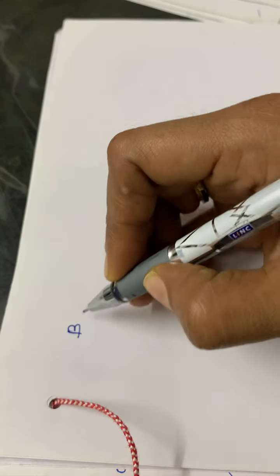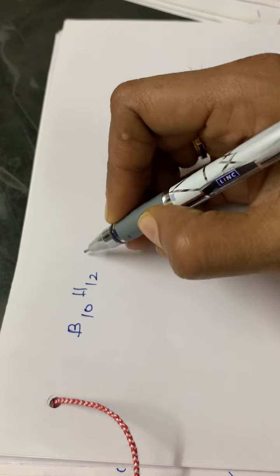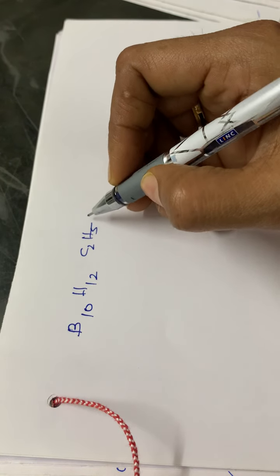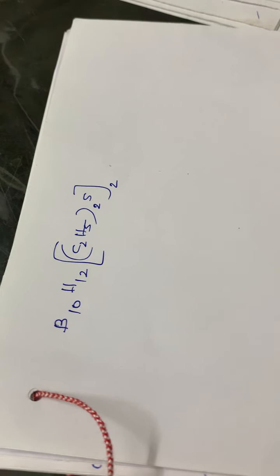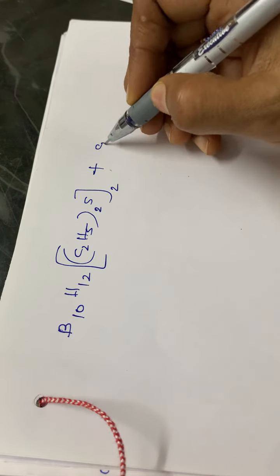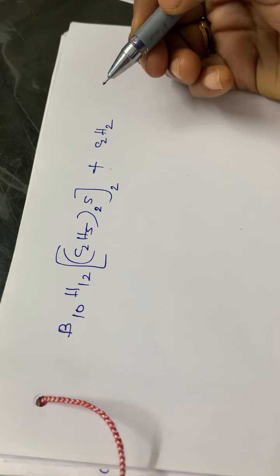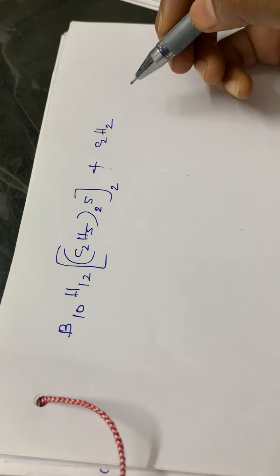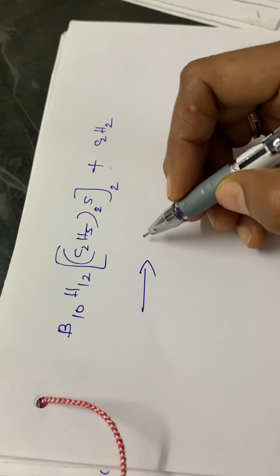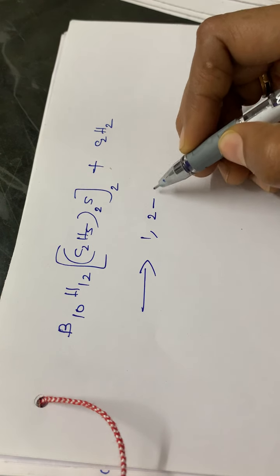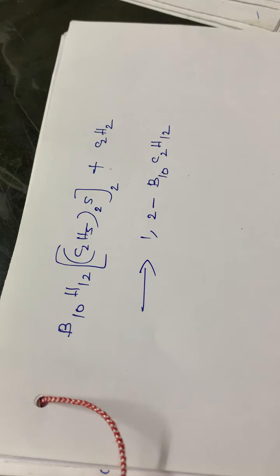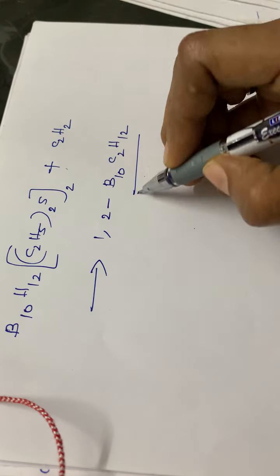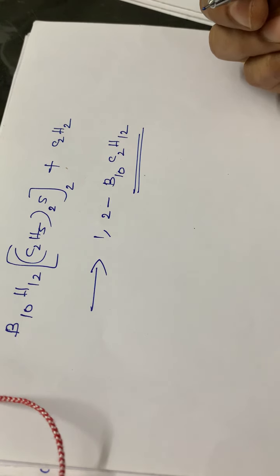Then in the next step, this B10H12 (C2H5)2S, twice, plus acetylene C2H2, we will be having B10C2H12. So this is a clozocarborane, B10C2H12.